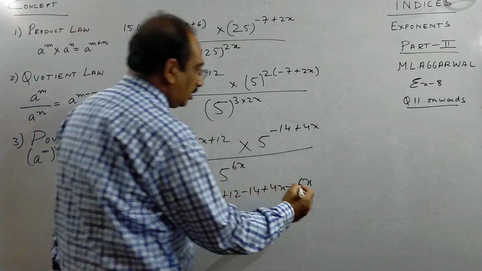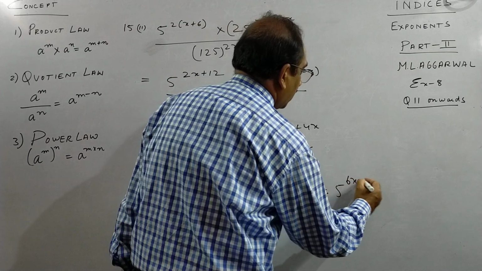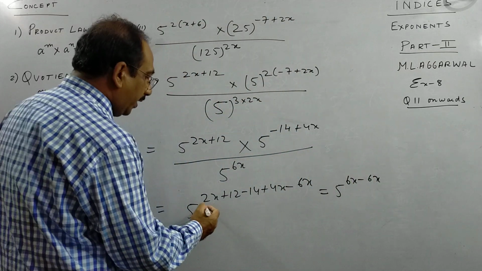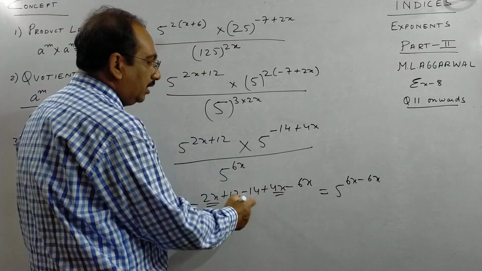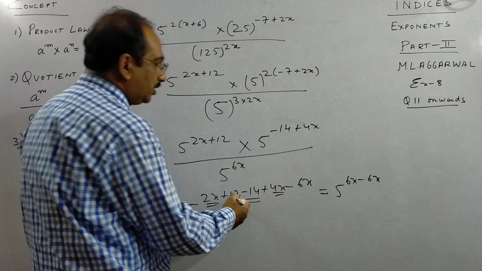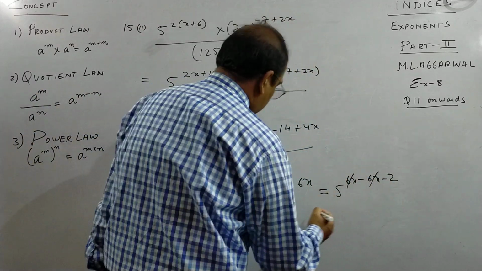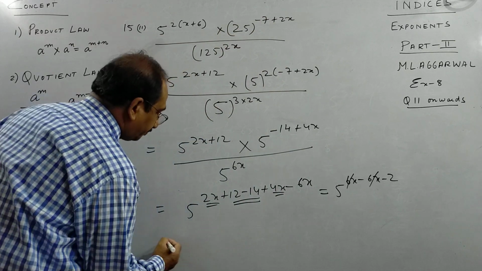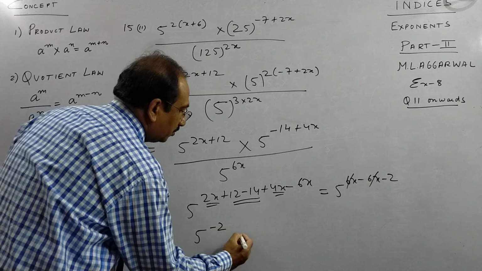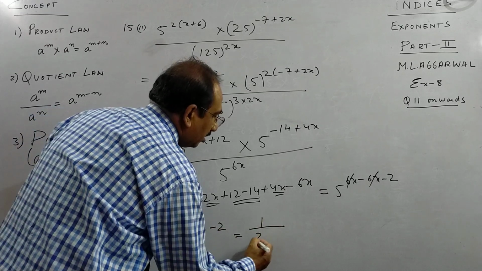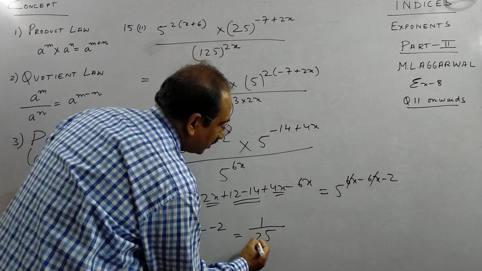So in total, what I get is 5 to the power 6x minus 6x, since 2x plus 4x is 6x, and minus 14 plus 12 is minus 2. So the 6x cancels. Ultimately we get 5 to the power minus 2, which is 1 by 25.